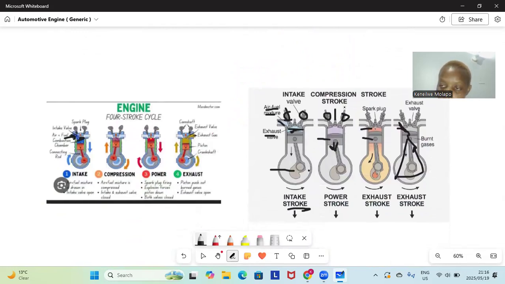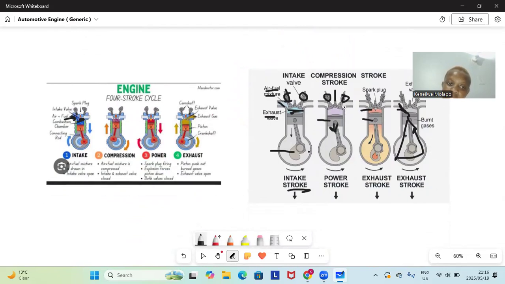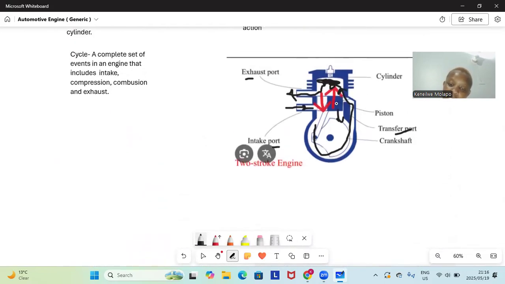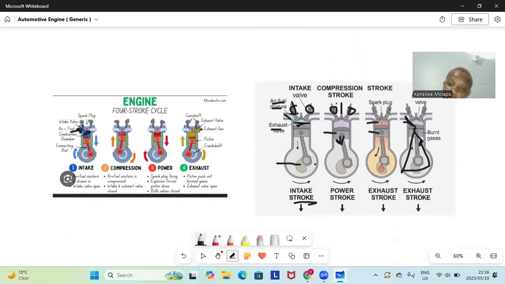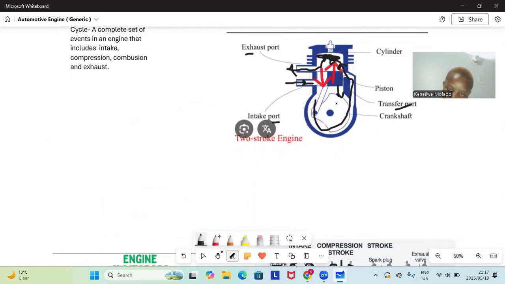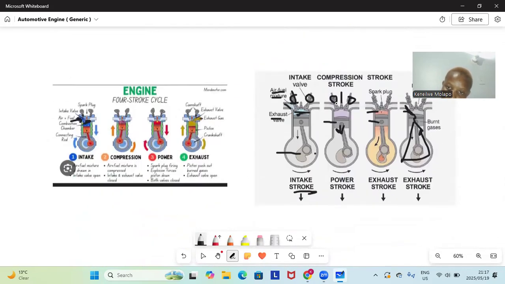So I think that's all for today. I think you have understood. You know that the four-stroke engine has valves and the two-stroke engine has ports. The four-stroke engine is heavier and more complex, and the two-stroke engine is simple. This one uses oil mixed with fuel and this one uses separate oil.